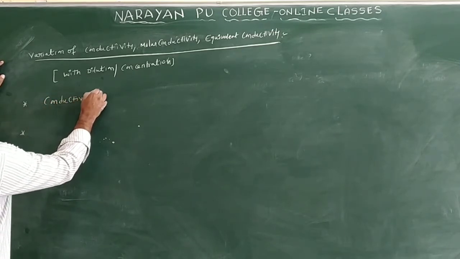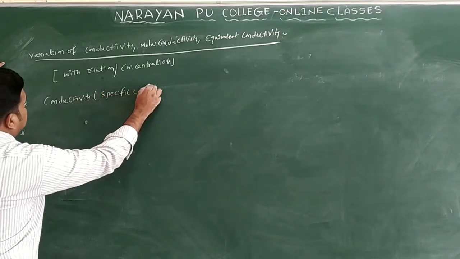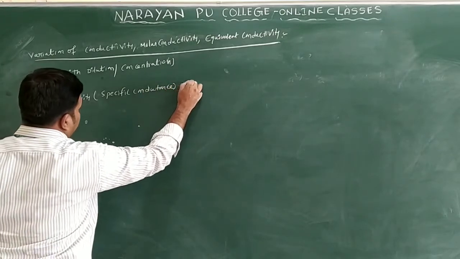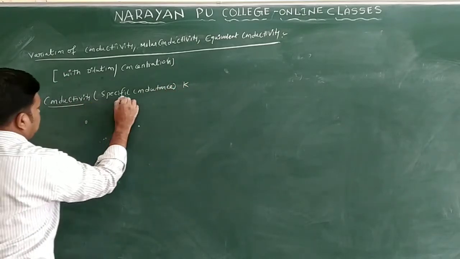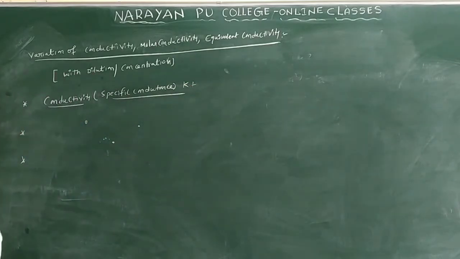What is the other name of conductivity? Conductivity can also be called specific conductance. They are denoted by K only. So what is conductivity?